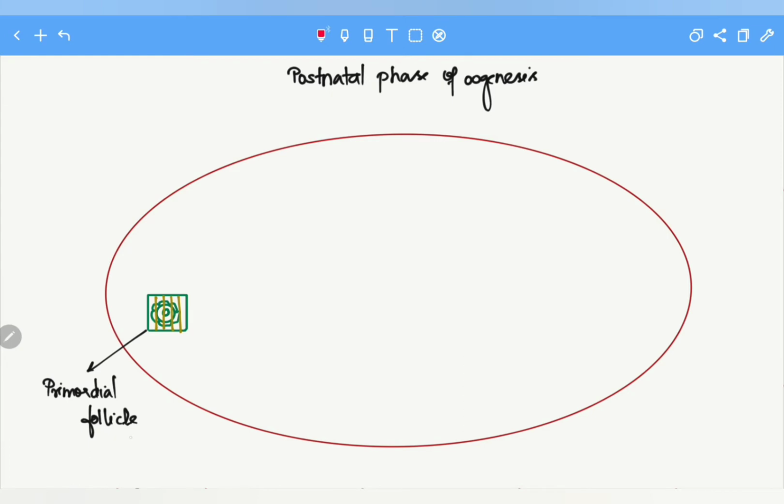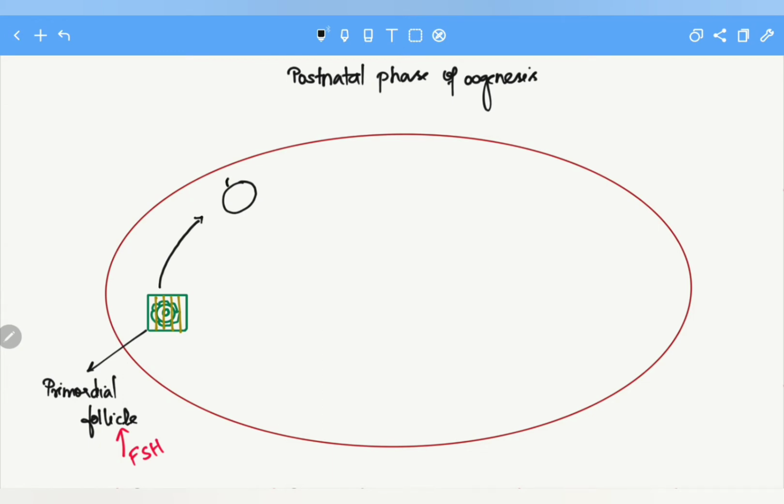During puberty, FSH starts stimulating the primordial follicle, so the primordial follicle starts growing. We already said it is called a follicle because it is surrounded by flat follicular cells.